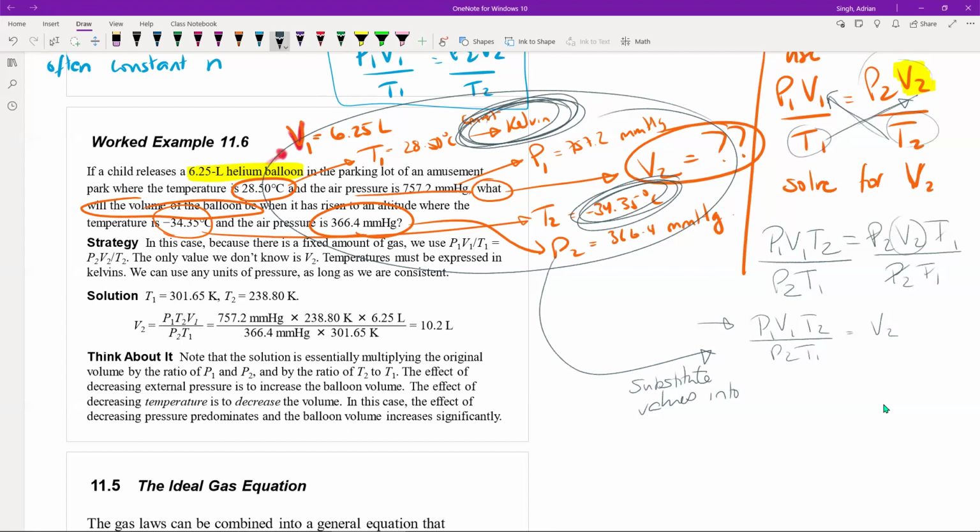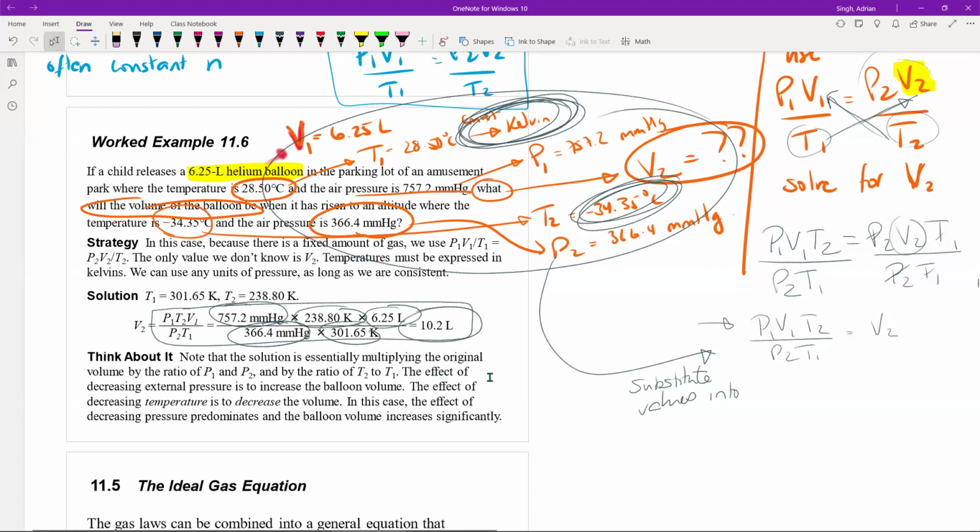Okay, so if we rearrange the equation, we end up with exactly what we just wrote out. Our P1 times our V1 times our T2 divided by the P2 times the T1. We solve for it and we end up with 10.2 liters as our final volume.